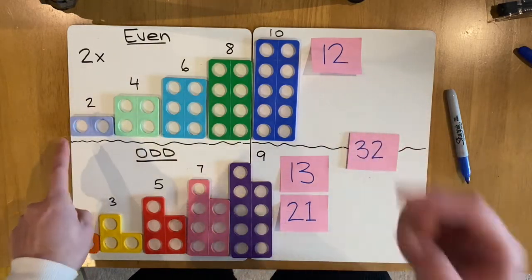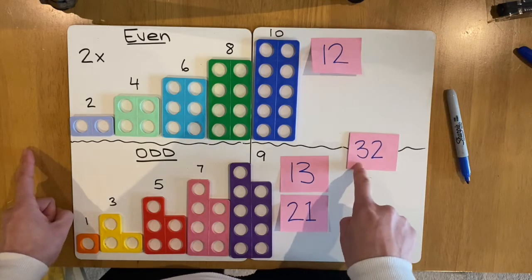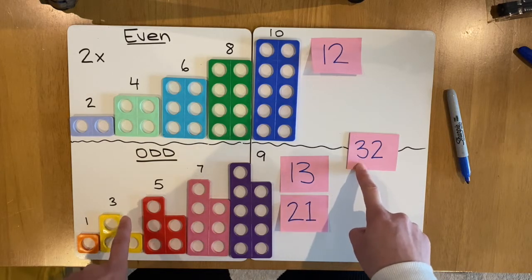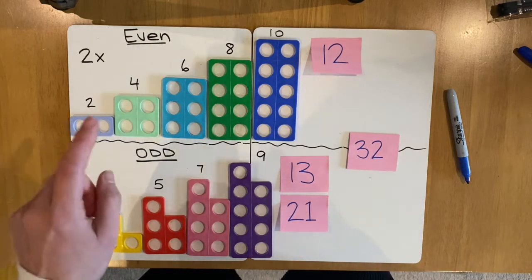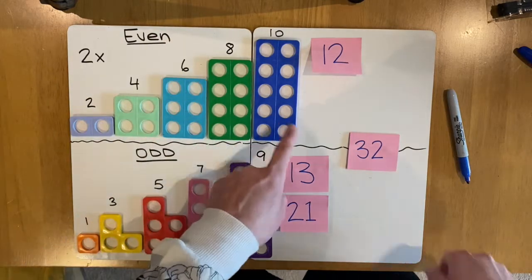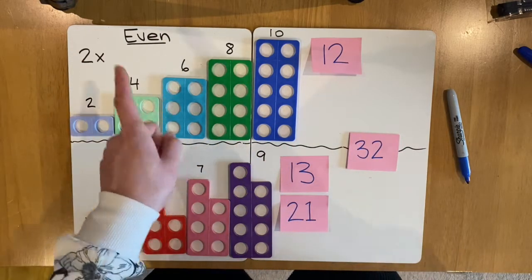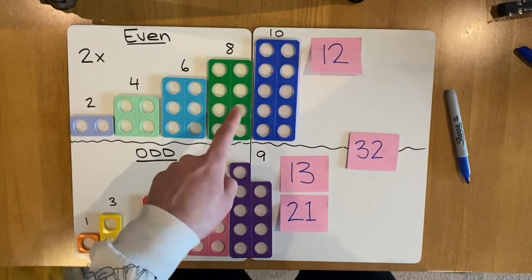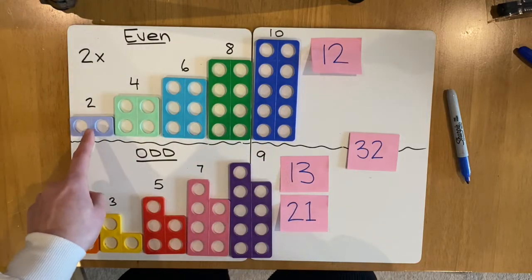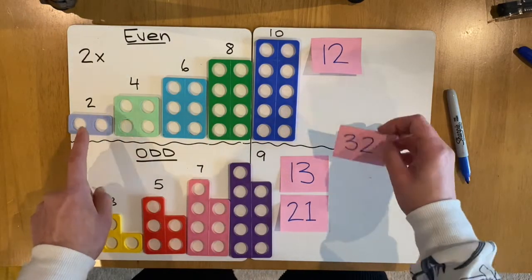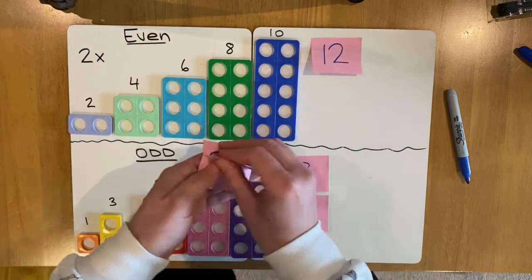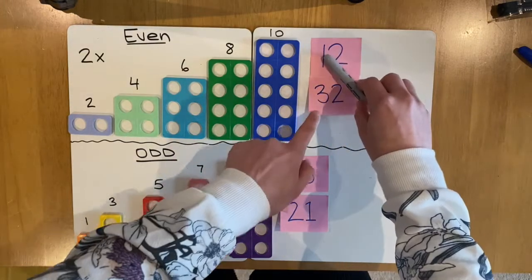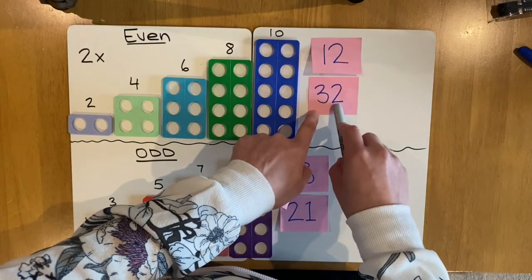So I'm predicting it's actually odd because there is a 3 there and 3 is an odd number. I wonder what you have predicted. So let's count up. 2, 4, 6, 8, 10, 12, 14, 16, 18, 20, 22, 24, 26, 28, 30, 32. 32 is an even number. So it's looking like we don't need to look at the tens column, we look at the ones column.